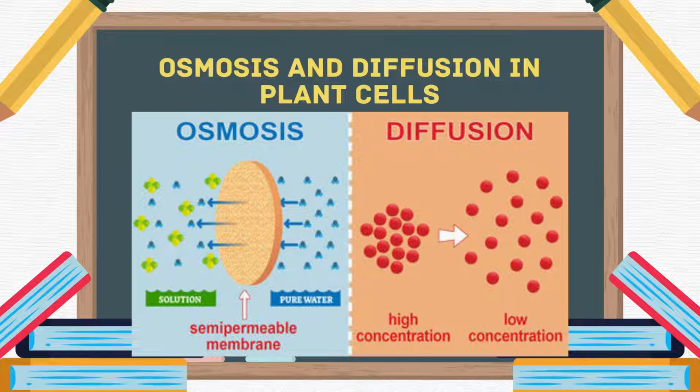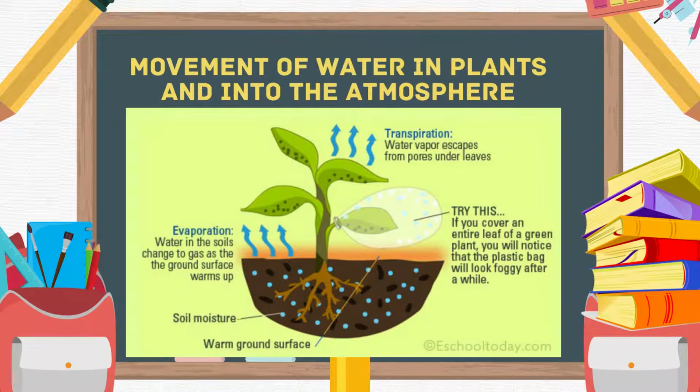Then from these vacuoles, the water will move to the xylem, what we call the xylem. I'm going to touch on this on the next slide. And then from there, upwards into the xylem vessels, then into the stems and the leaves.